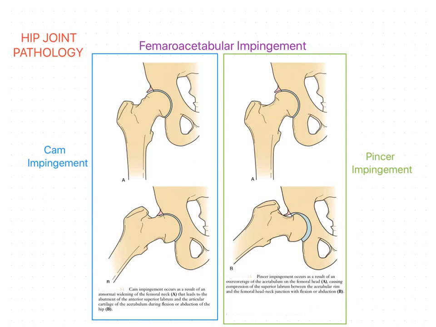The result of such impingement is pain, and it can lead to progressive degenerative changes in the hip joint, specifically at the labrum.